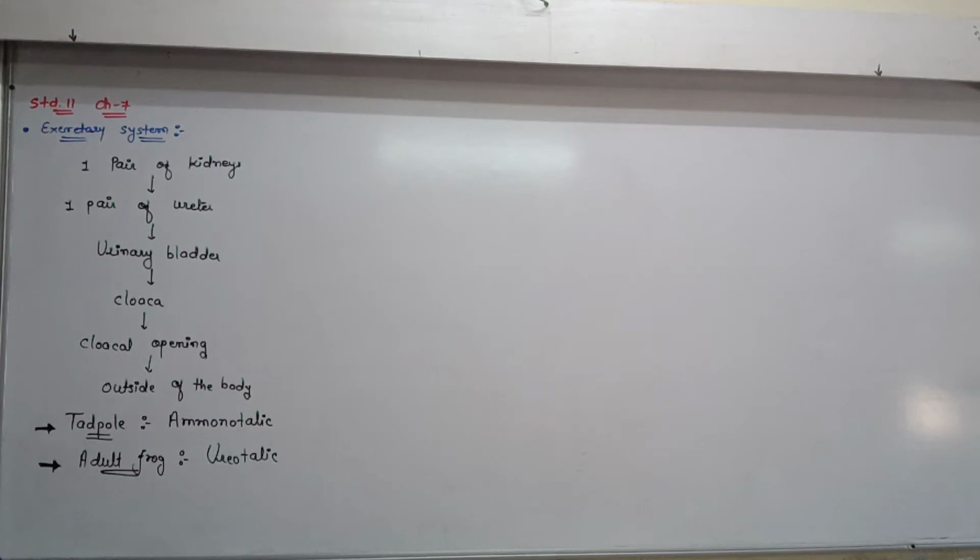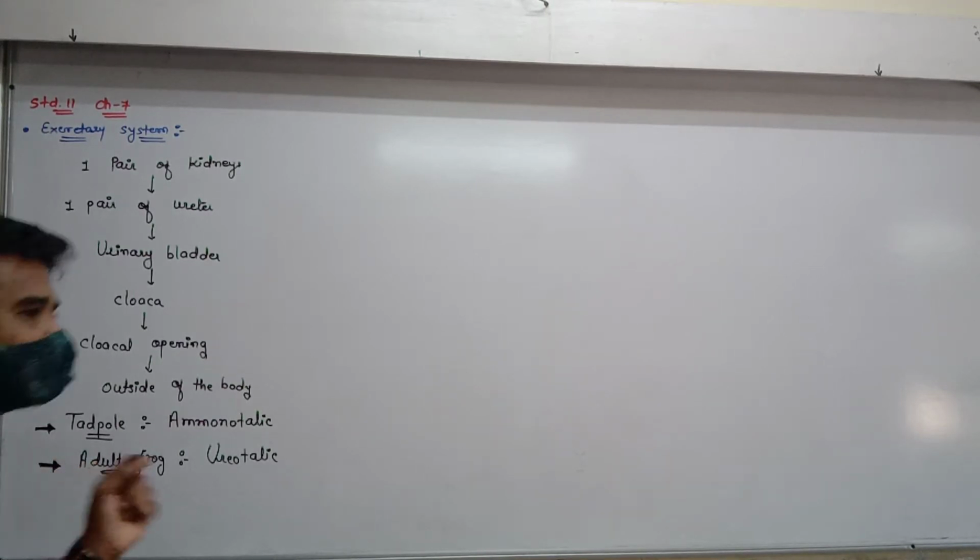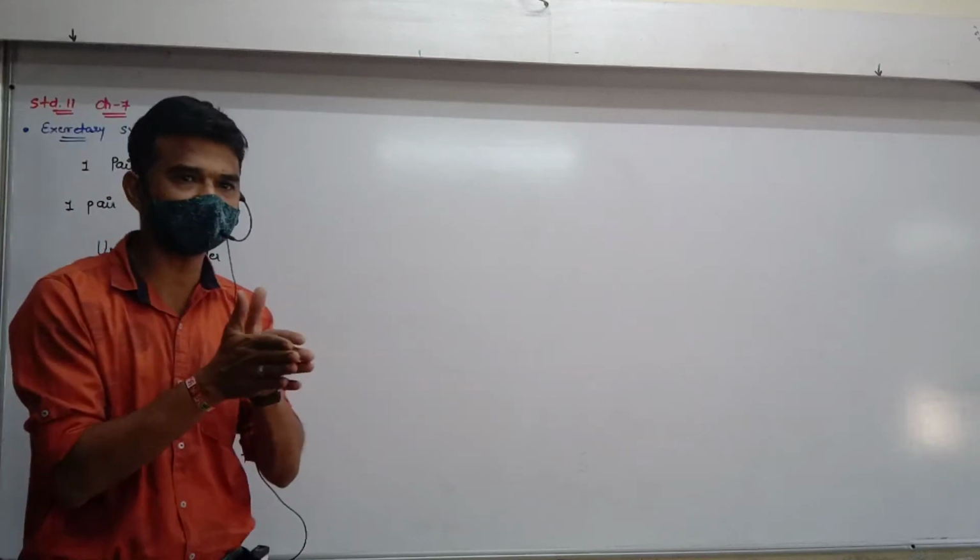You know that up to the distal convoluted tubule, we can't use the word urine. Up to the distal convoluted tubule, we use the word filtrate. So many changes occur in the filtrate.